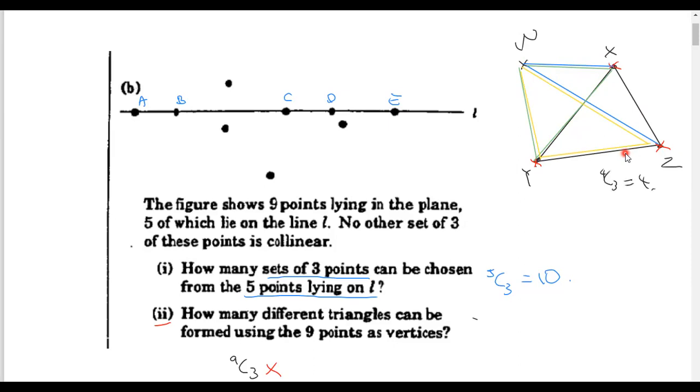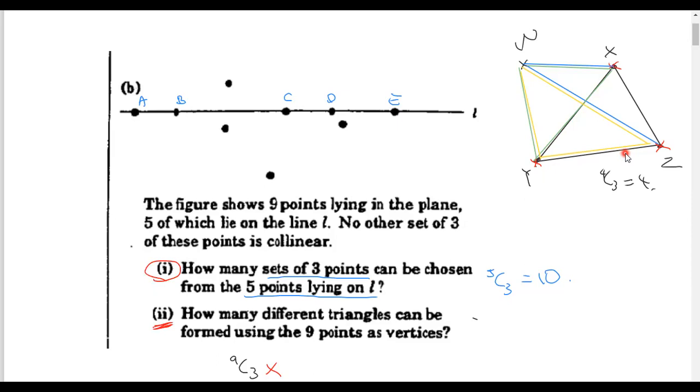But what you need to consider, and maybe as a hint, is when you pick 3 points and you don't get a triangle. And when you think about that, you might also think about the fact that this is part 2 and you have a part 1.